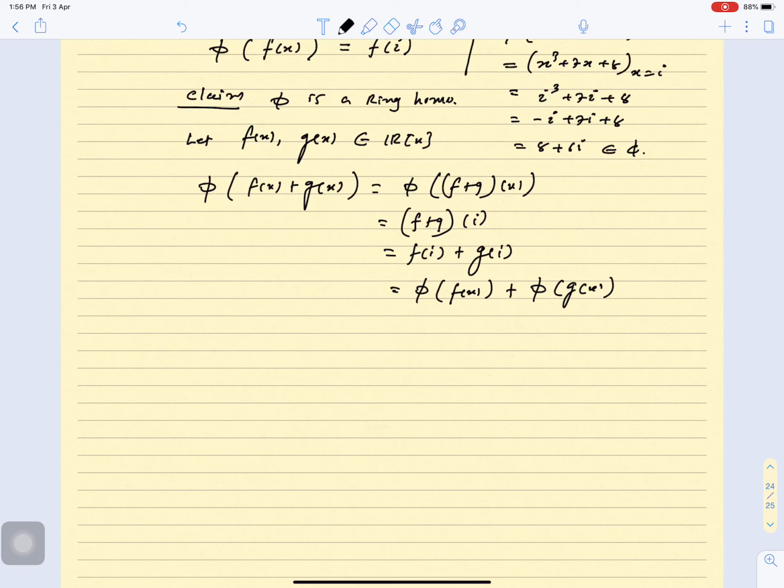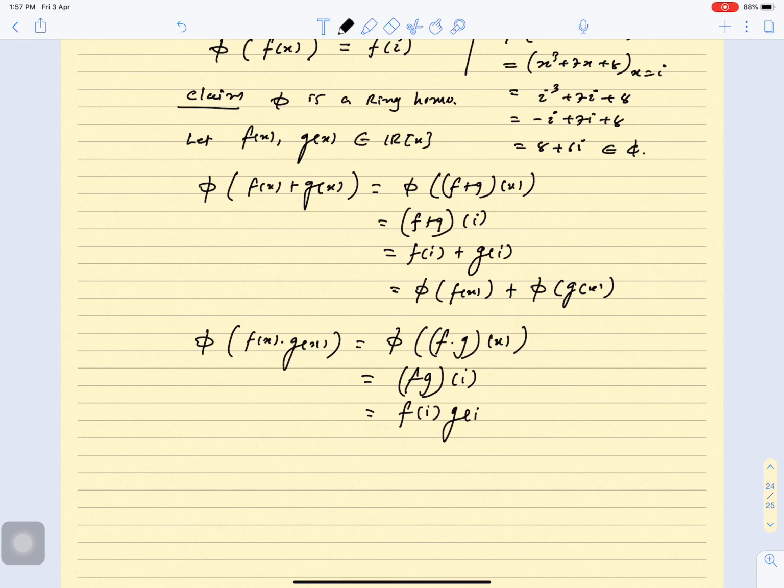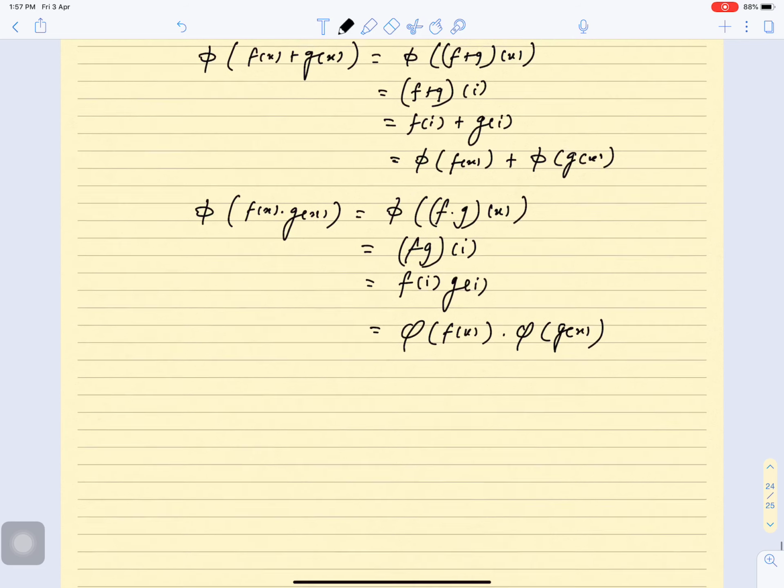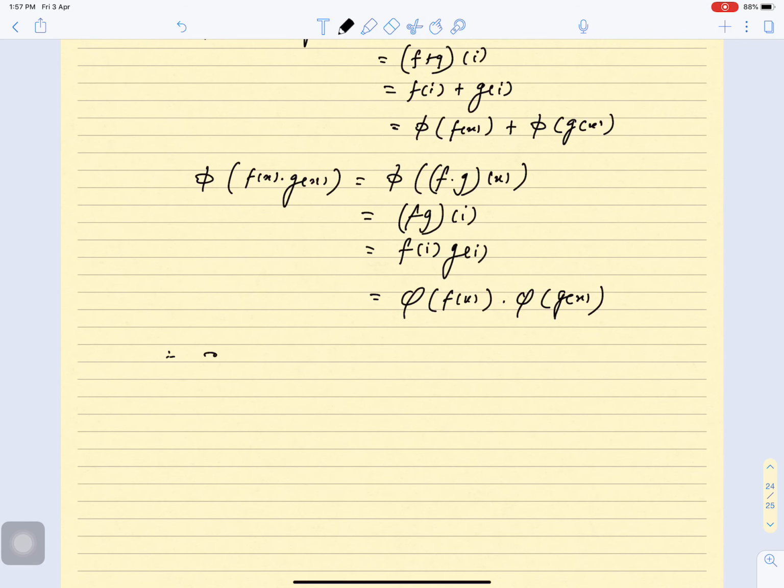The second condition: phi of f(x) times g(x) is phi of (fg) at x, which is (fg) at i, that is f(i) times g(i), and this can be written as phi of f(x) times phi of g(x). Therefore phi is a ring homomorphism.